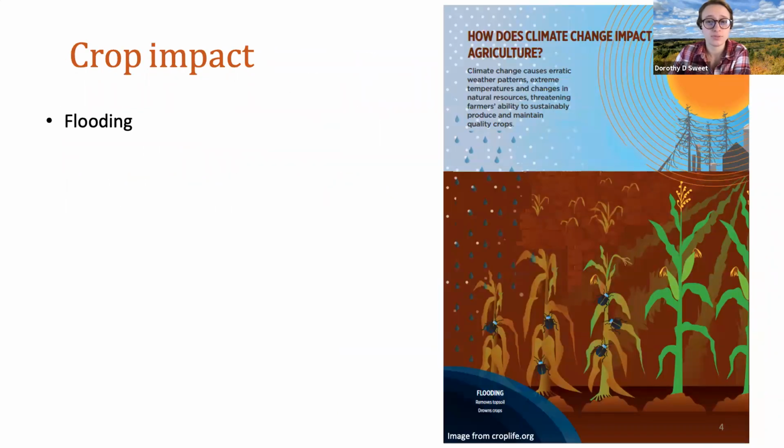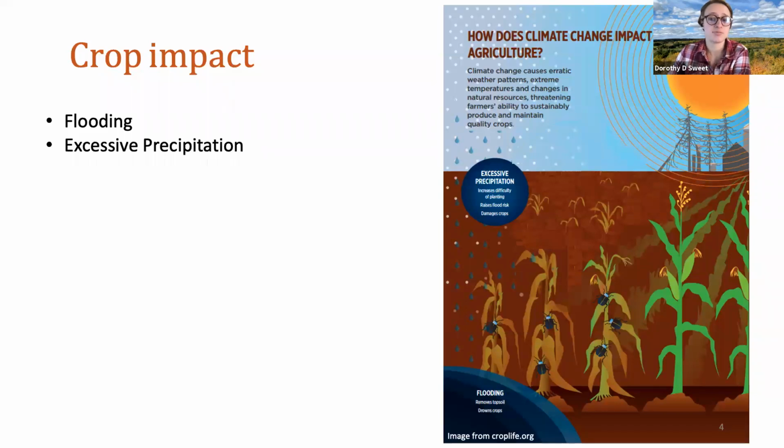So now that we've talked about climate change, I want to talk about how that is leading to changes in crops. Flooding can drown out crops and can also remove fertile topsoil from the field. Excessive precipitation can lead to that flooding and can prevent farmers from getting their crops in on time. Excessive precipitation after the crop is already in can also lead to damage to the existing crops.